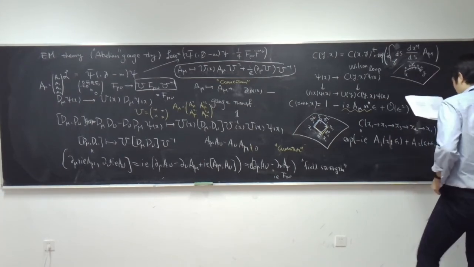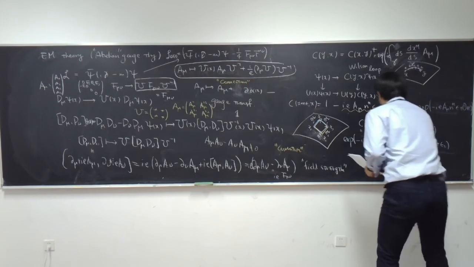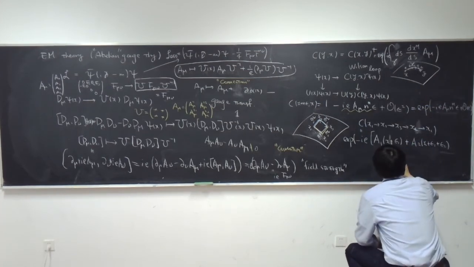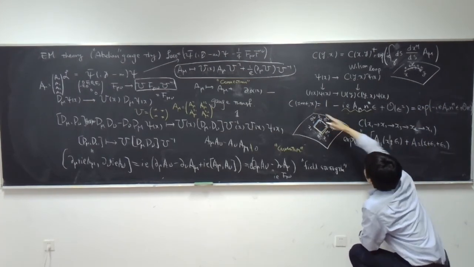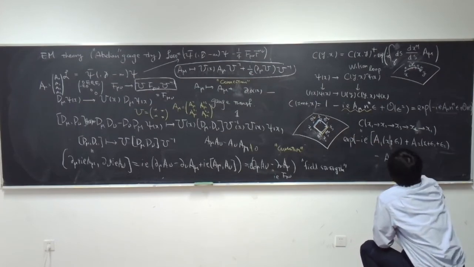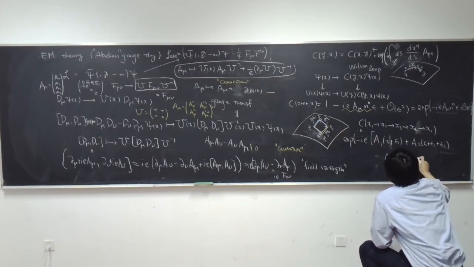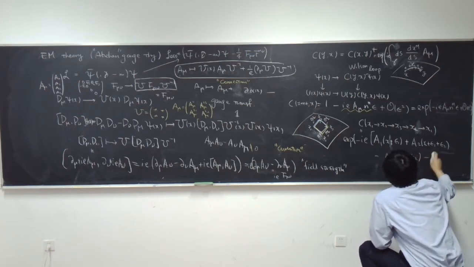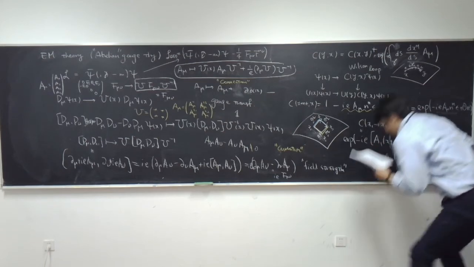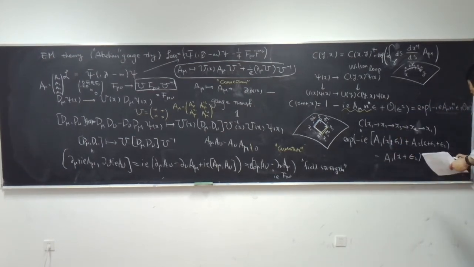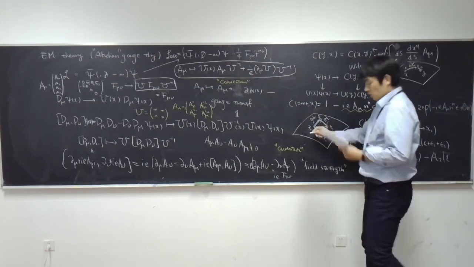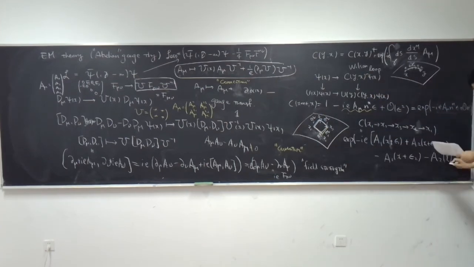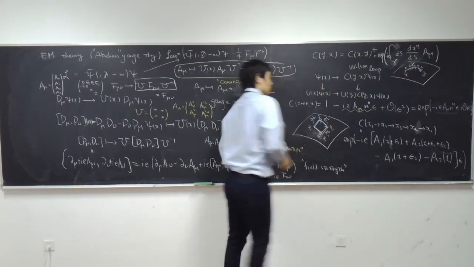Then next is minus A1 at x plus epsilon 2, and minus A2 of x, so you come back to the original point x. You have to include the epsilon appropriately here, so assume that the length is epsilon.